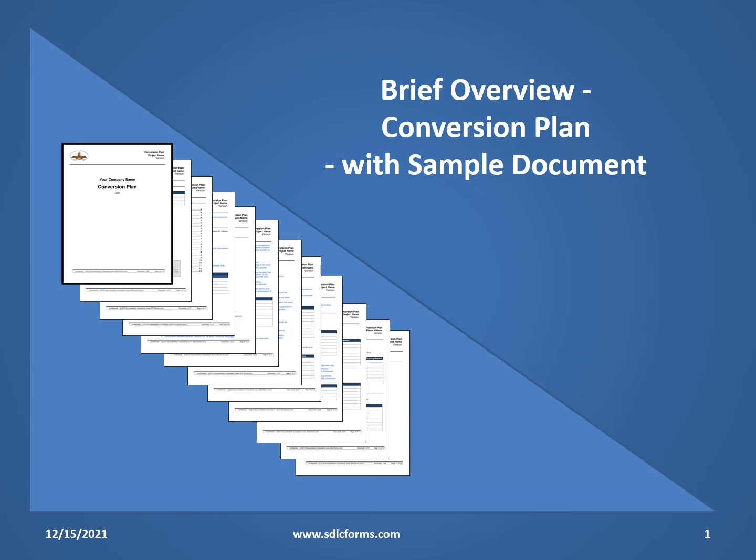This conversion plan is an essential component of a successful conversion of a system, application, or data. Following the guidelines in this document will ensure that you have covered all of your bases.